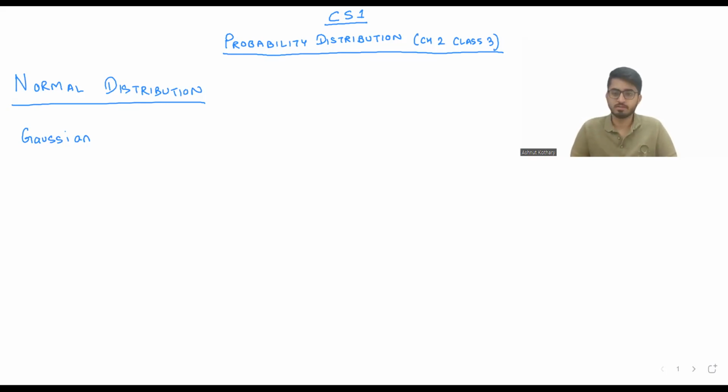And some procedures require an assumption that a variable is normally distributed.